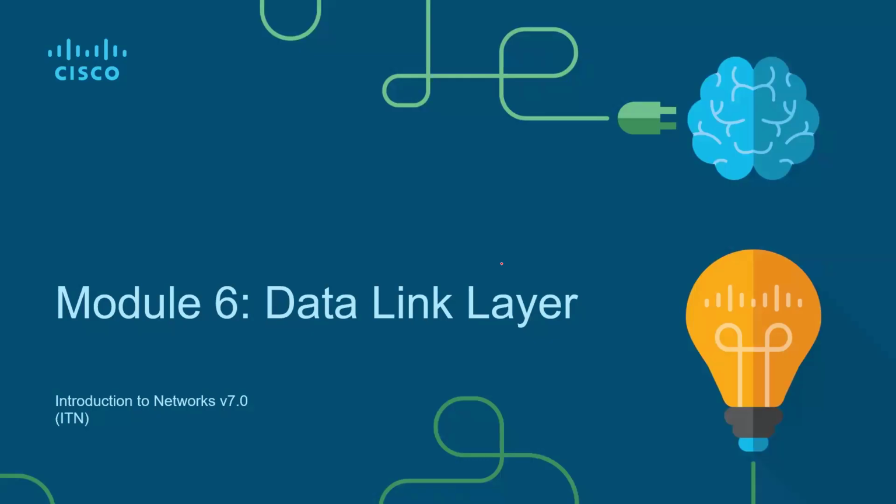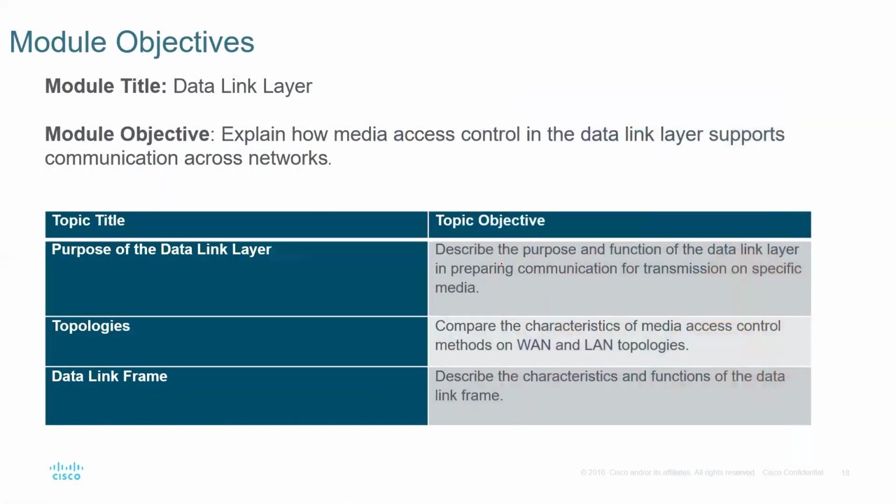Module 6, data link. In data link, we're going to look at the purpose of the data link, then topologies, then data link frame. If you remember, in our last class, we looked at the physical layer. The OSI model has layer 1 as the physical layer.